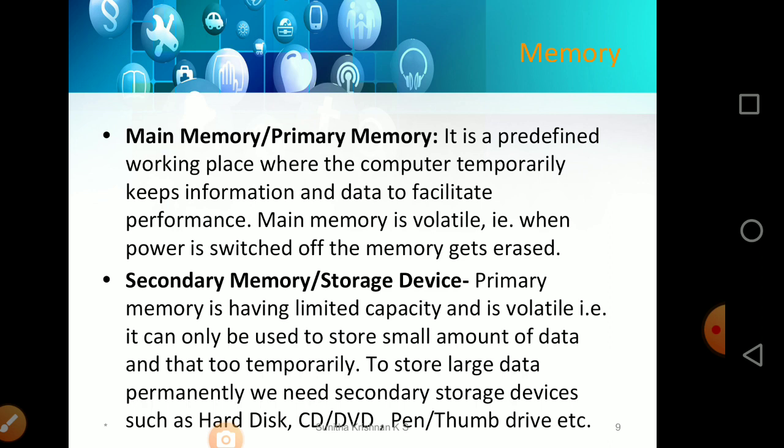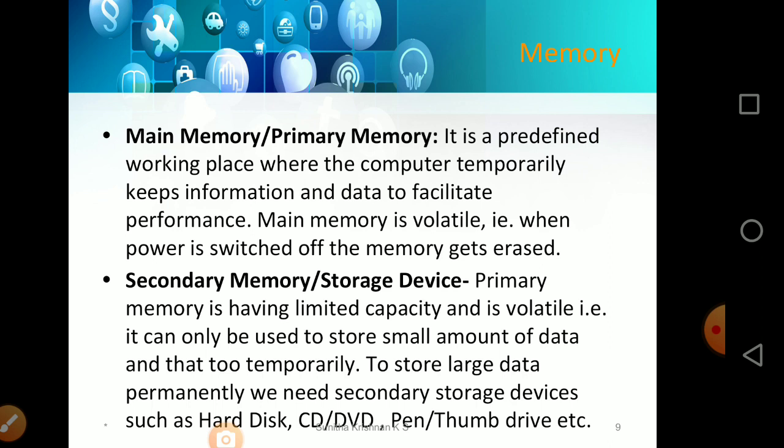So that's why when your system shuts down without any indication, or a power failure happens, whatever programs were opened may not appear the next time you restart it. Some systems give you the provision for saving it, but still in the main memory it is normally erased.